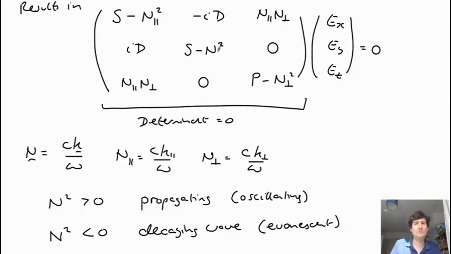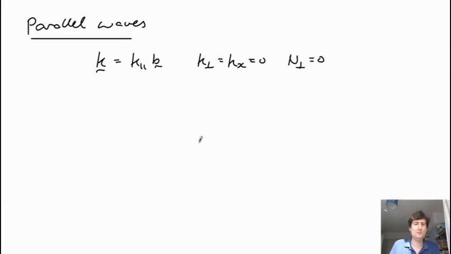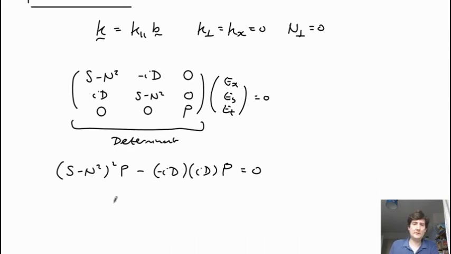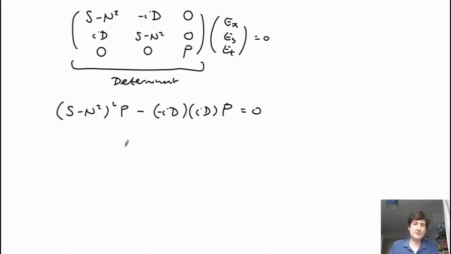So n squared becomes n parallel squared, n perpendicular goes to 0. So these components up here go to 0. And so we just take the determinant of this matrix here, and we end up with, which you can rearrange, just take this factor of P outside, and so we just write down that we have either S minus n squared all squared from here, D squared, equal to 0.